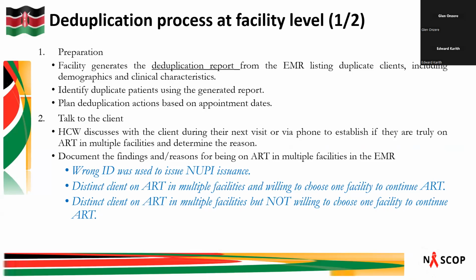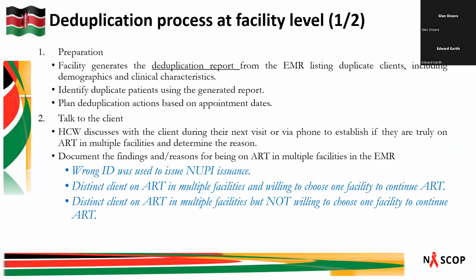So for preparation, it's basically just generating the report that my colleague Paul has shared earlier in the presentation. So the report will be availed in the EMR. Then the healthcare worker will be able to identify the duplicate patients, then plan a deduplication action based on the appointment dates.